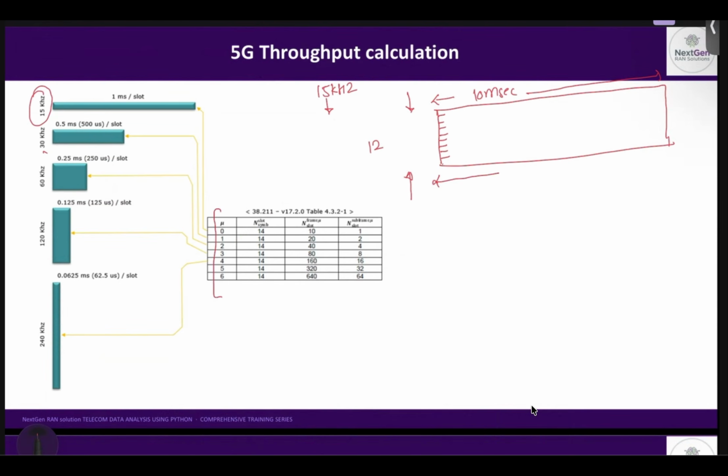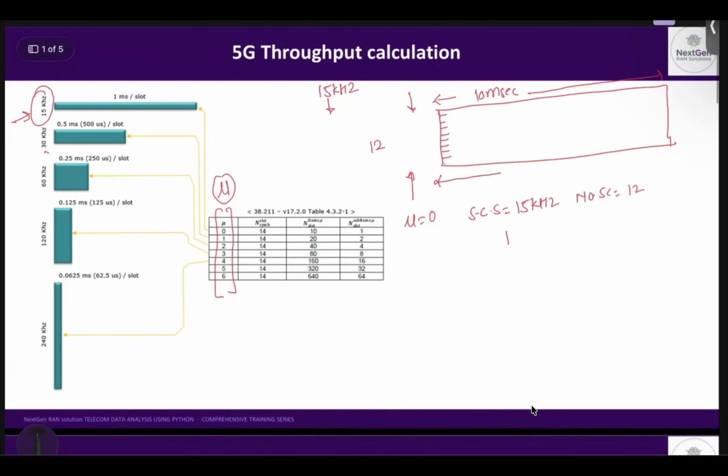One thing inside 5G is called numerology, mu. Suppose mu equals 0, then the subcarrier spacing will be 15 kilohertz. The number of subcarriers will be 12.